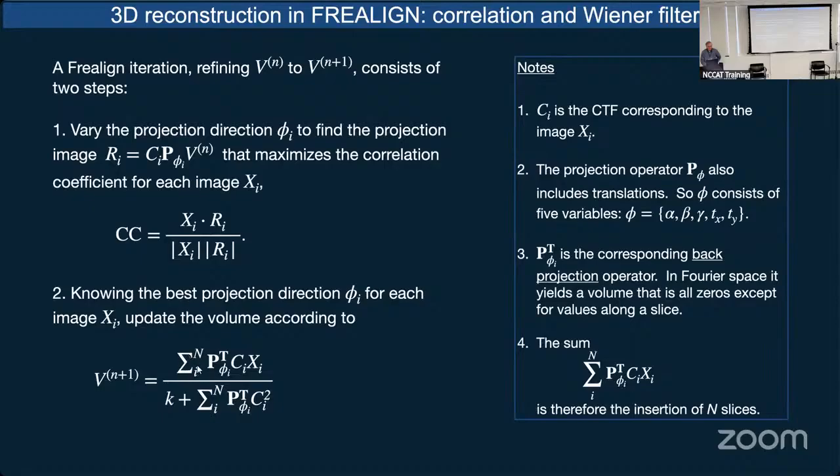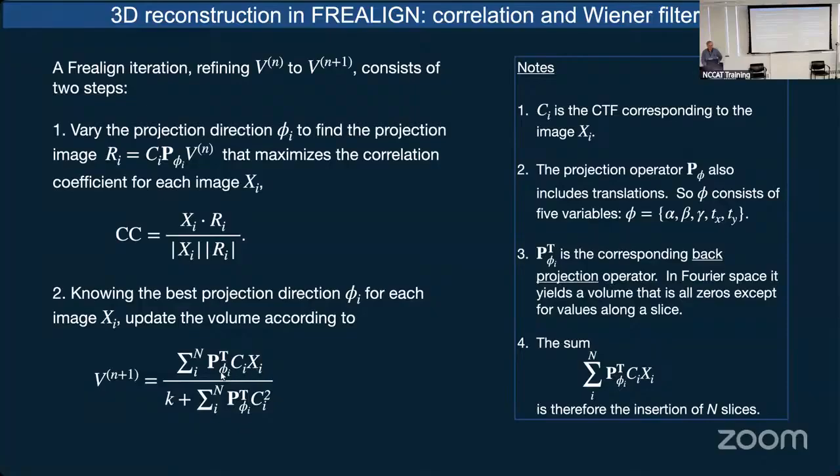And I add this up over all of my experimental images. So then I'm adding up all of these various slices in Fourier space, and I normalize it by the CTF squared, again, inserted in slices. And there's my Wiener coefficient.